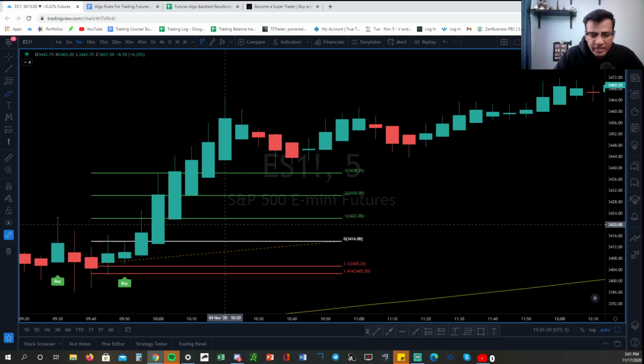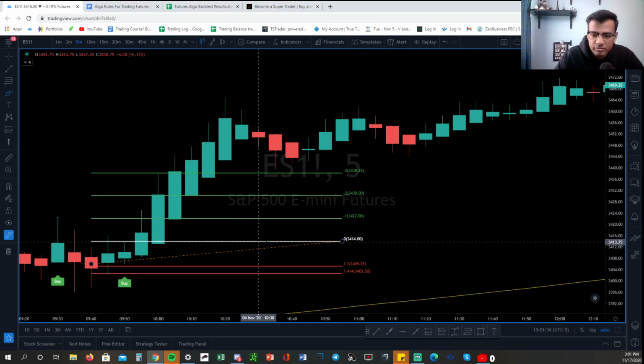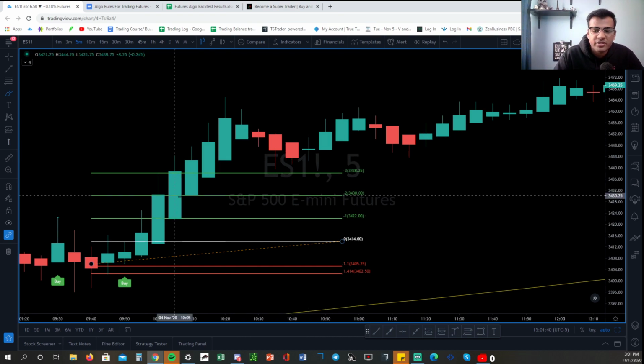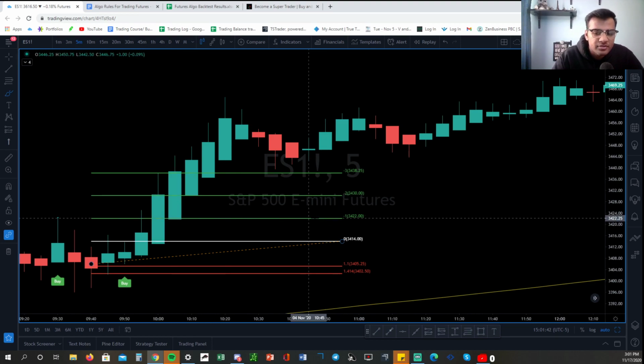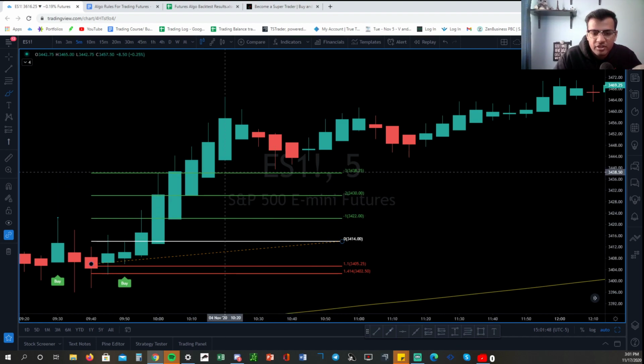And then I just write it out. My stop loss is at 34.02. Once it hits level 1, I'll move my stop to break even, and then I'll let it ride out to level 2 and level 3. Once it hits level 2, I'll move my stop up to level 1, take profit level 1, and then go from there, and then go to level 3.